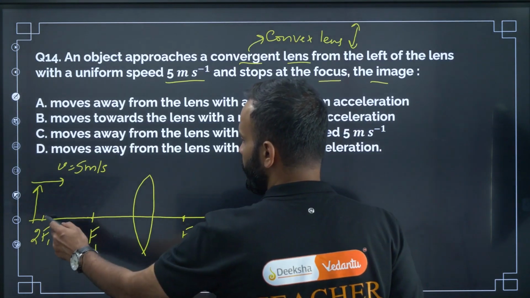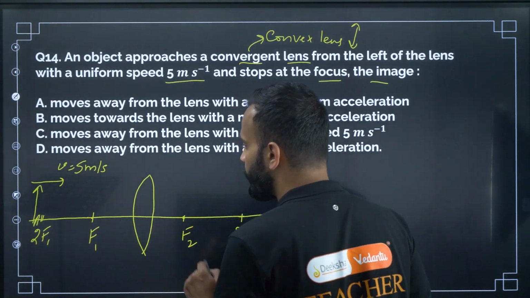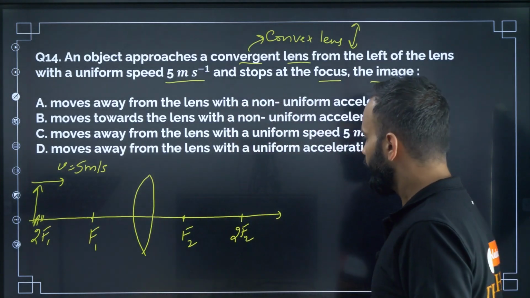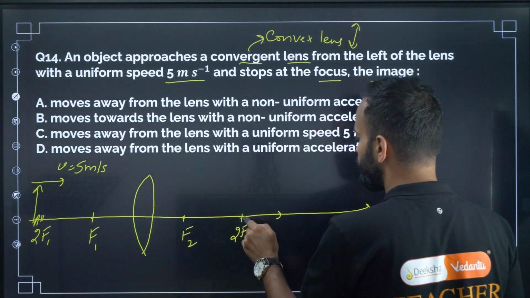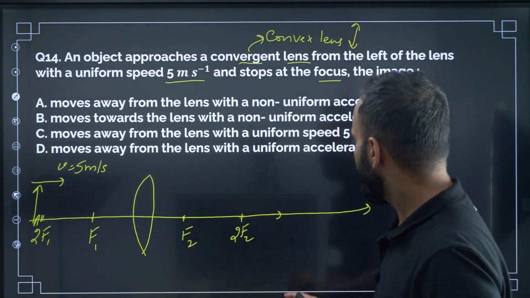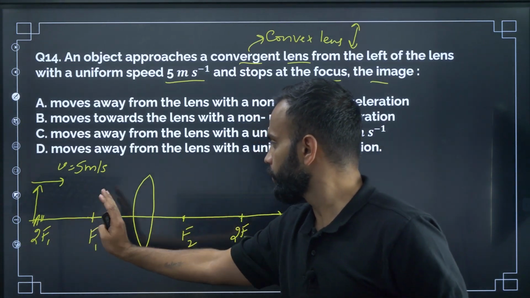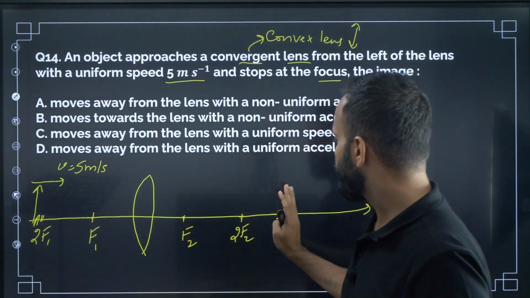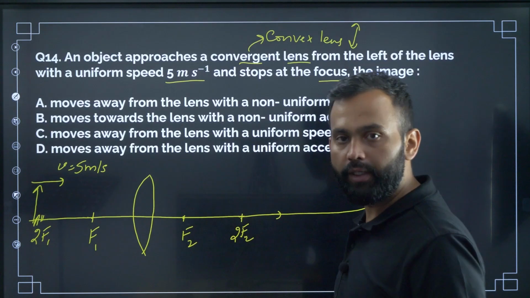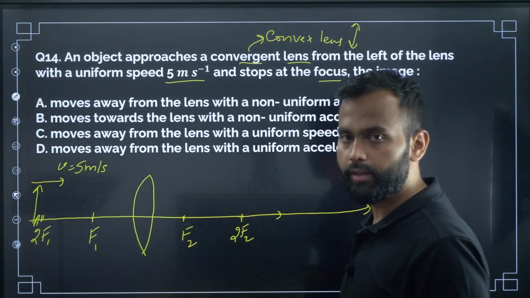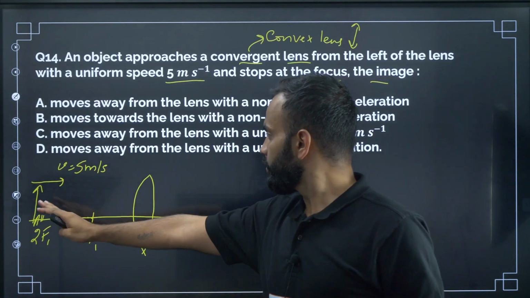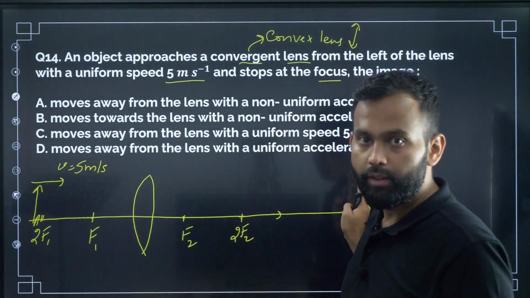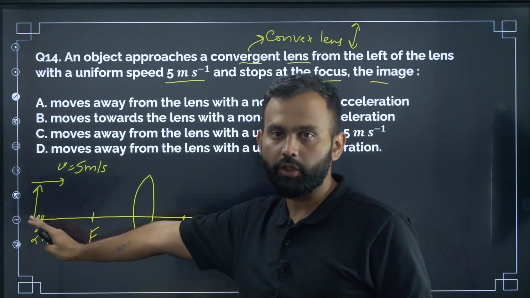Now the object moves from 2f to f1. When the object moves from 2f to f, the image moves from 2f to infinity. So in this case the velocity of the image is greater than the velocity of the object.